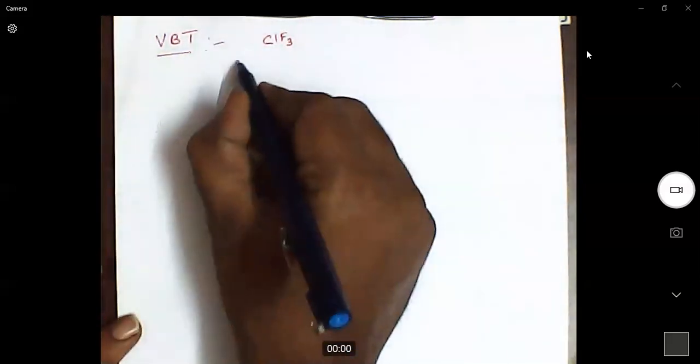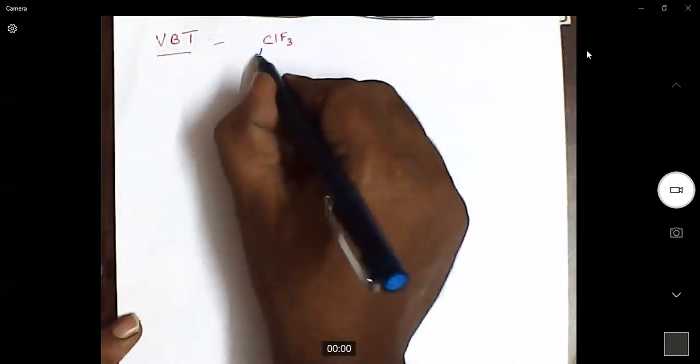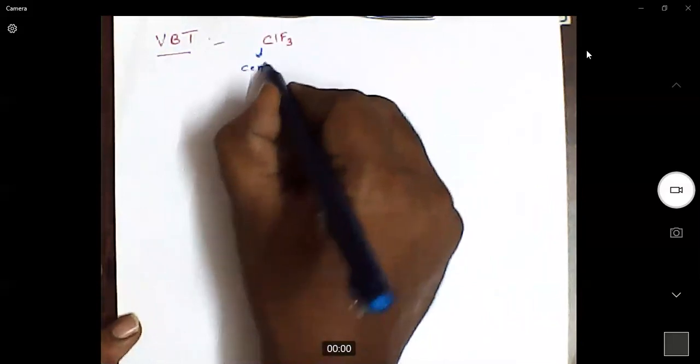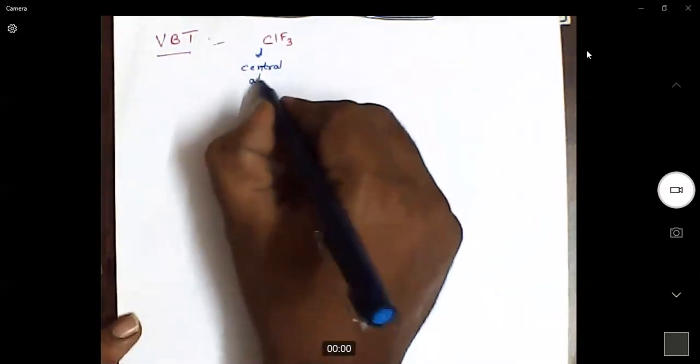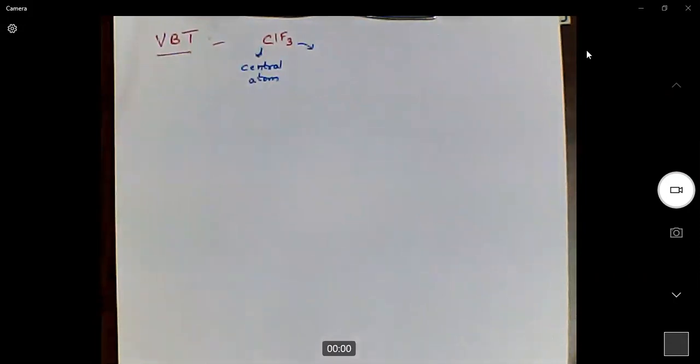electronic configuration of the central atom. Here, chlorine is the central atom, and there are three bonds with three fluorine atoms. Cl forms three bonds with three fluorine atoms.